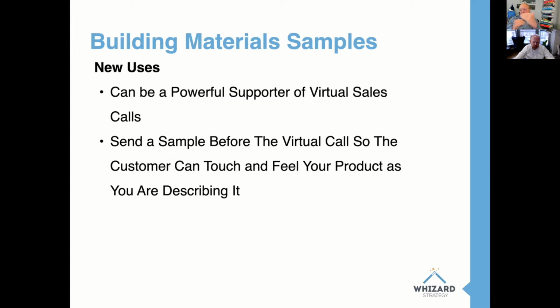So what I've been encouraging companies to do is send a sample before the virtual call, so the customer has the sample in their hands as you're walking through. Notice the texture of this, notice how strong this is, notice how thick, notice whatever you want to notice. This is a new use of samples that I've found has been really effective in helping our new world of virtual sales calls.